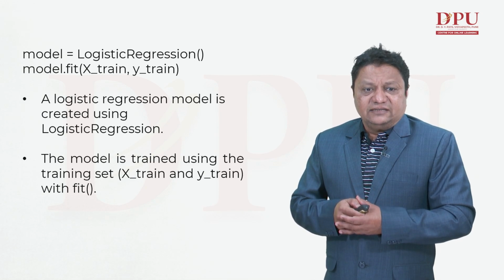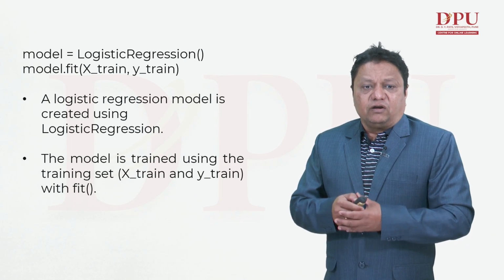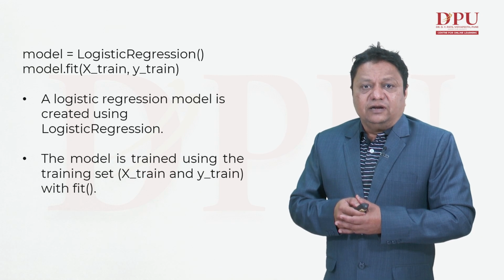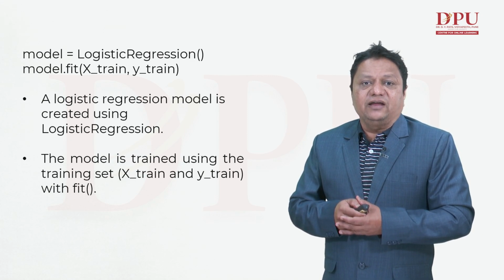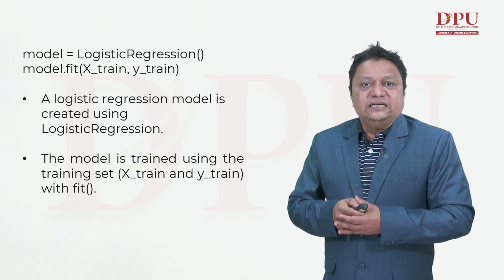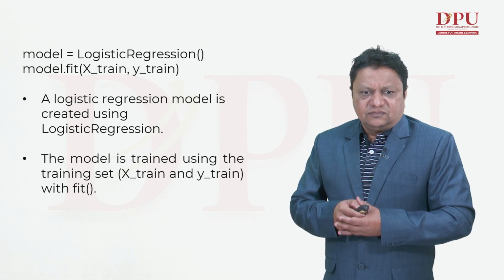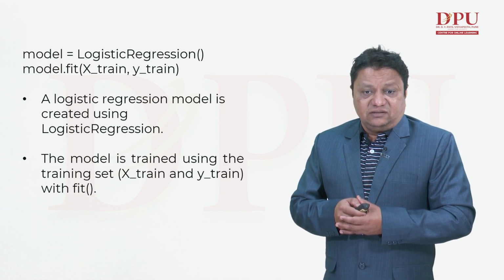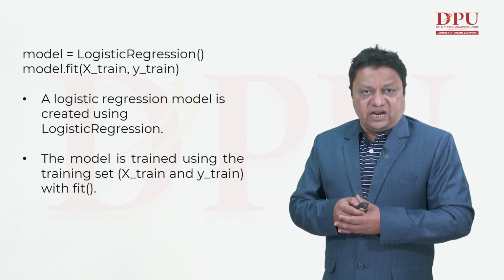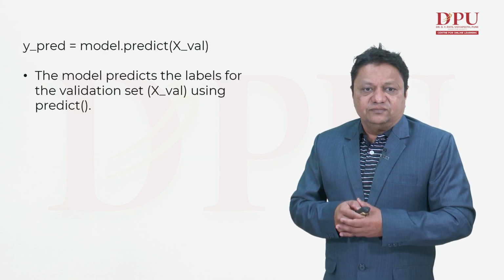The next line is model is equal to LogisticRegression, then model.fit, in the bracket two parameters that we have used here, that is x_train and y_train. So here a logistic regression model is created using the LogisticRegression function, and the model is trained using the training set, that is x_train and y_train, with the fit method.